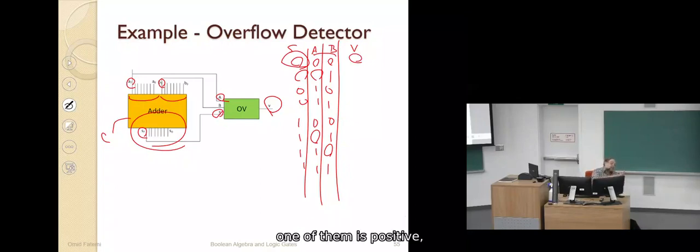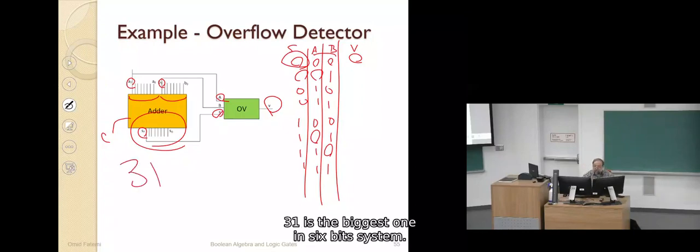One of them is positive, the other is negative. Either A is positive and the other one is negative, or vice versa. Is there any possibility of overflow in that case? When one of them is positive, one of them is negative, overflow never happens. For example, let me put a very big positive number. 31 is the biggest one in our 6-bit system.